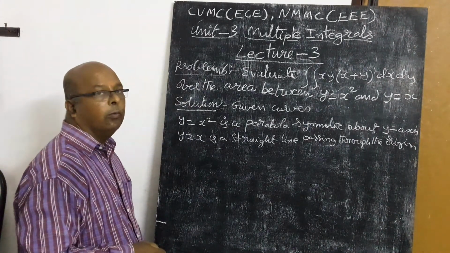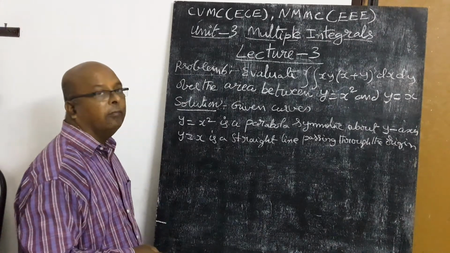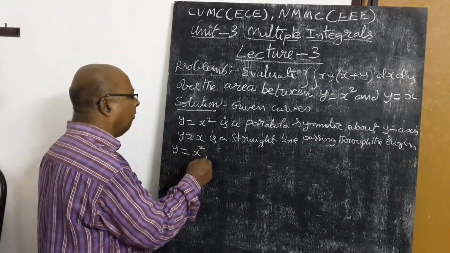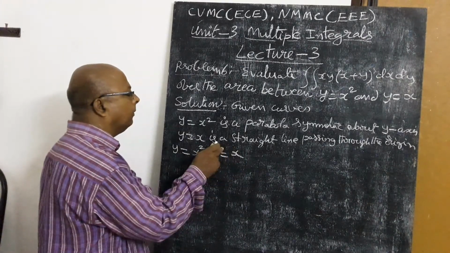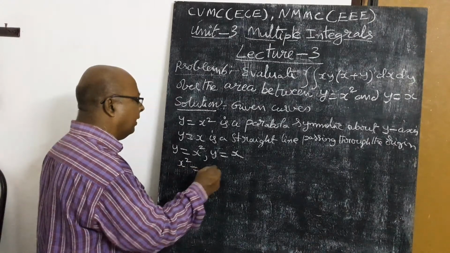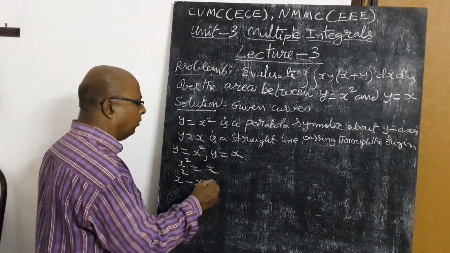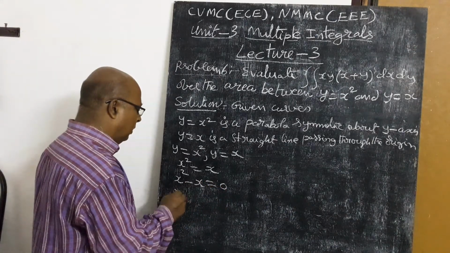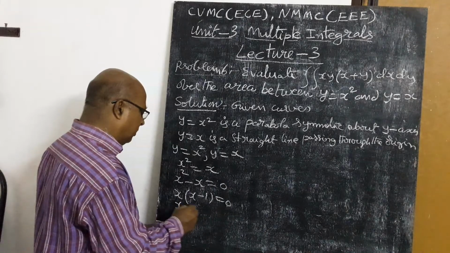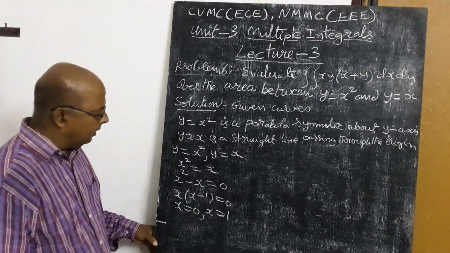So we have to calculate the intersecting points of these two curves. y is equal to x square, y is equal to x. Left sides are equal, so x square is equal to x. x square minus x is equal to 0. Taking x common, we get x is equal to 0, x is equal to 1.